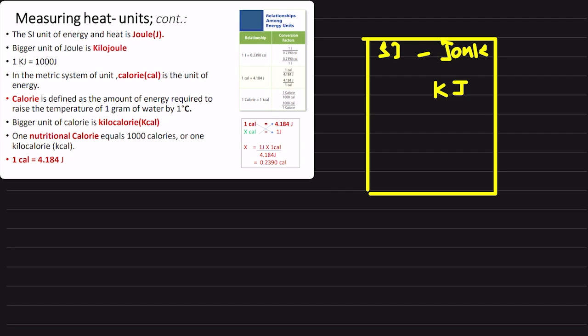Another unit of heat is calorie. The bigger unit of calorie is kilocalorie. Another unit of heat is nutritional calorie.